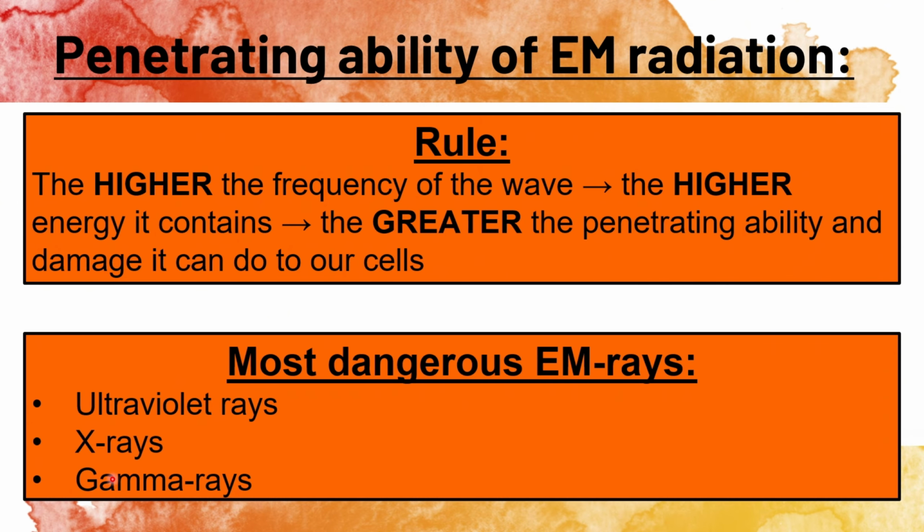These are the 3 waves at the end of the electromagnetic spectrum, because they have the highest frequencies, which gives them higher energy and therefore greater penetrating ability, and therefore they can cause a lot of damage to our cells.